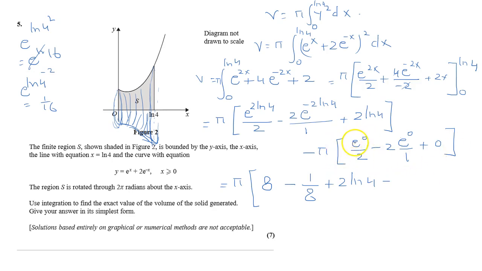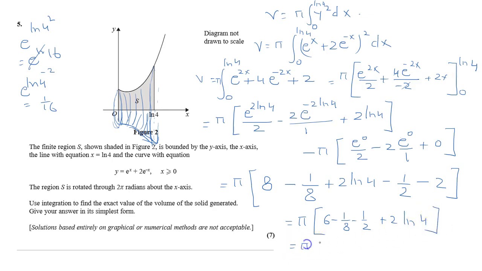Minus e to the power 0, which is 1, over 2, minus 2. So that is pi times (8 minus 2 is 6), 6 minus 1 over 8 minus 1 over 2 plus 2 ln 4.